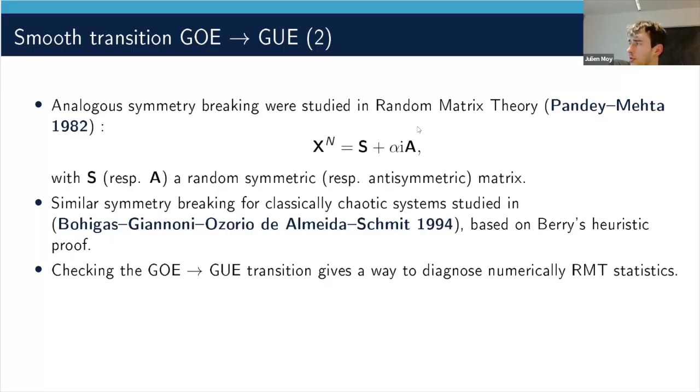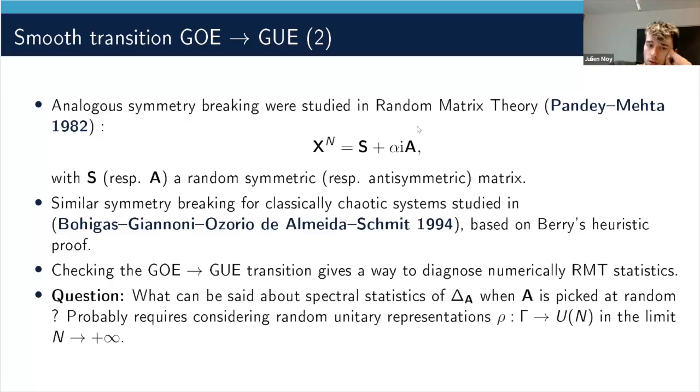And there's a question that came to my mind when I prepared this talk, which is about what can be said about the spectral statistics of the magnetic Laplacian when the potential is picked at random. So you work on a fixed surface, and you take the potential at random. Maybe it has been done, but I'm not aware of it.